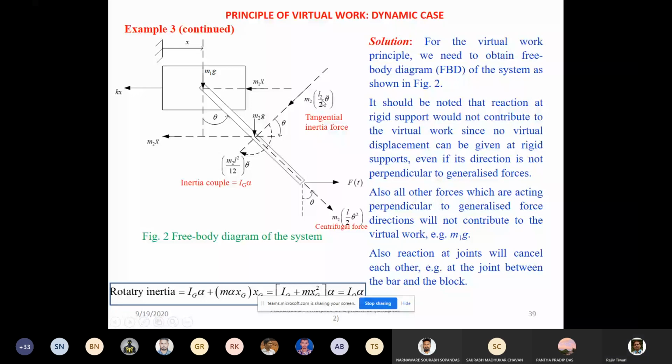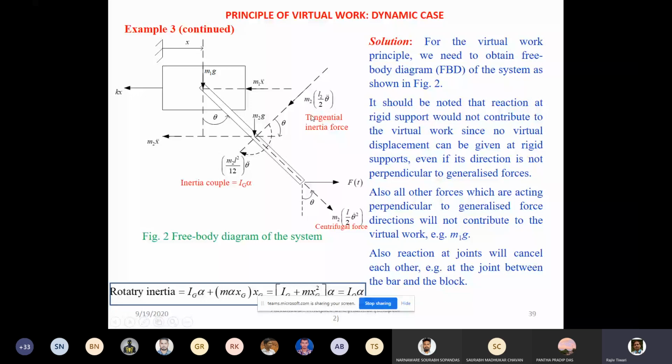Apart from that, there will be an inertia couple. Here, for the inertia couple, I have taken the moment of inertia about the center of gravity, and theta double dot. So this is the inertia couple which is acting at the center of gravity.